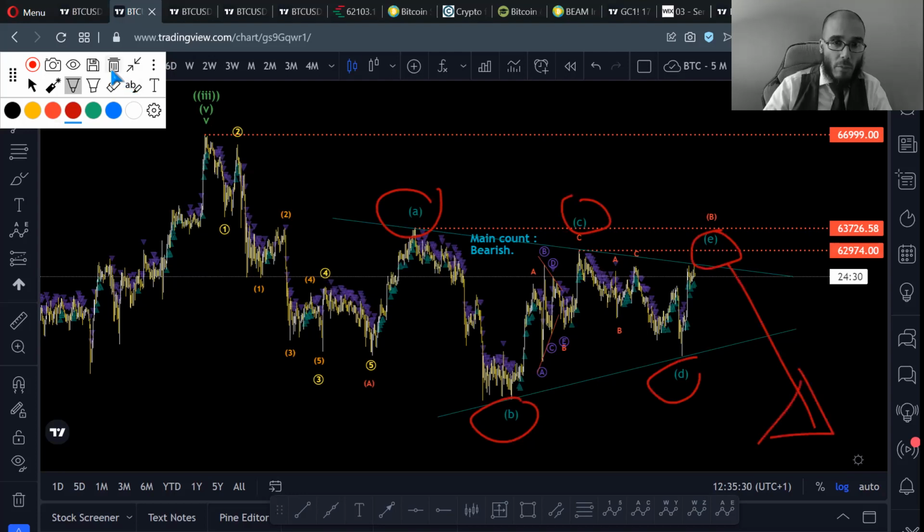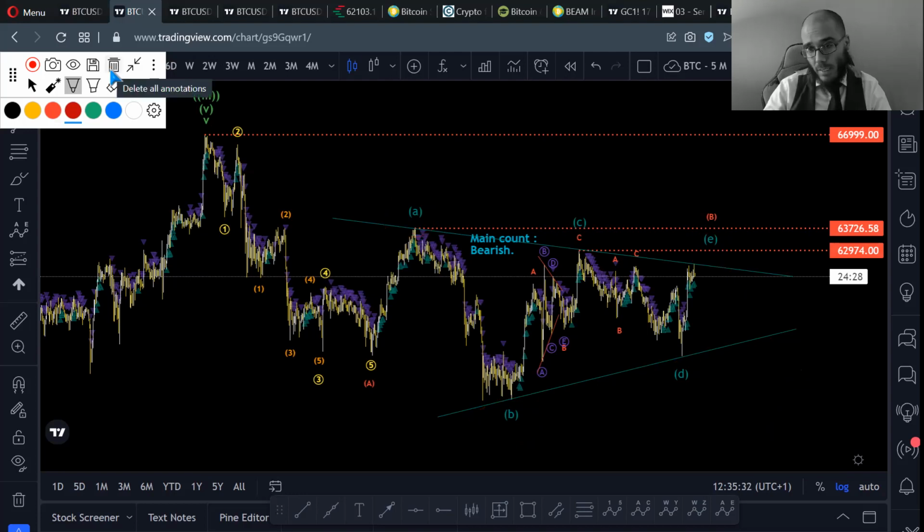So this is still my main count, but it gets less likely by the minute. I know that the triangle is invalidated if we go above 62,974, because wave E cannot exceed wave C. Here you have wave C, and wave E cannot exceed this wave C, the upper wave C, not the lower one.